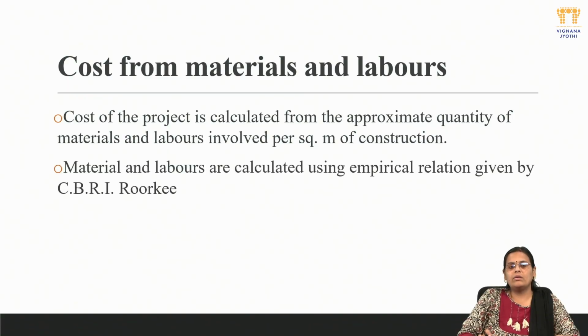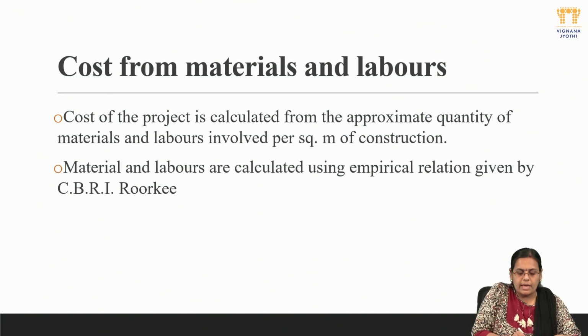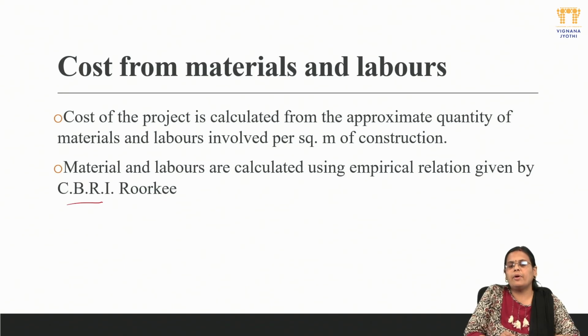How to know the quantity of labors and material involved in that construction? That can be calculated using the empirical relationship provided by CBRI Roorkee. CBRI stands for Central Building Research Institute, which is located at Roorkee. So they have provided an empirical relationship, from which material and labor involved in unit area construction can be calculated.